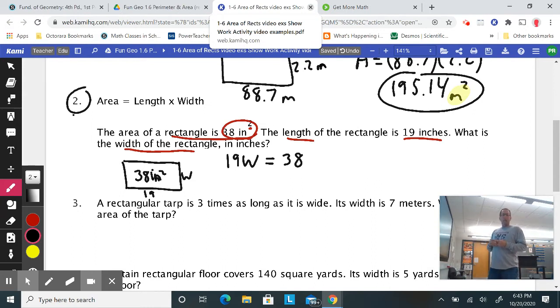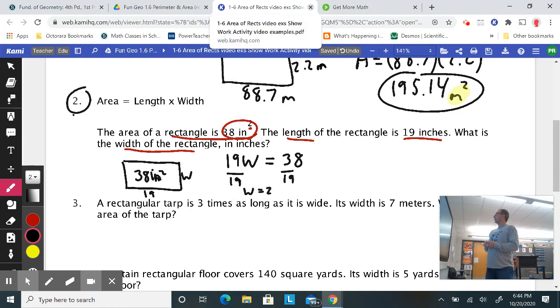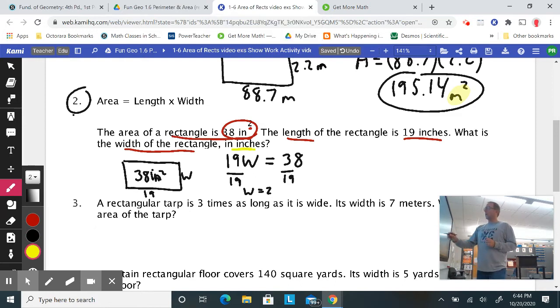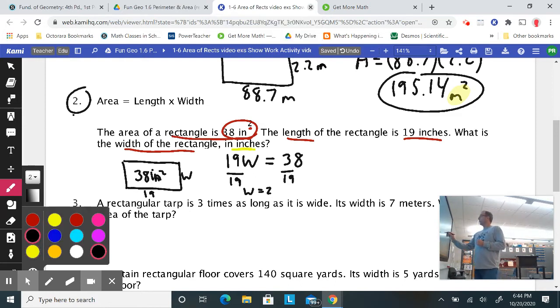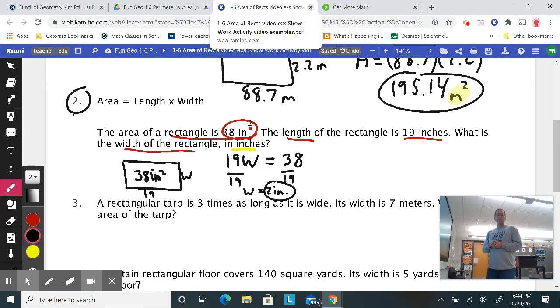To get the W, the width, by itself, you would divide by 19 on both sides, and you get W equals 2. So 2 is not the final answer, though, because it's in inches. So the question asks, how many inches would that be? So you would label that 2 inches. You can use IN. So the final answer for the width is 2 inches.